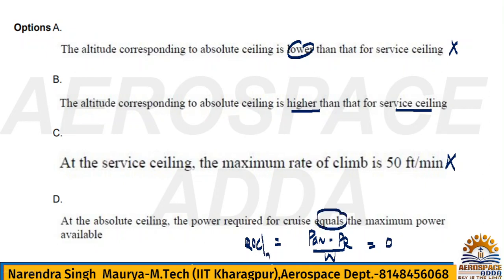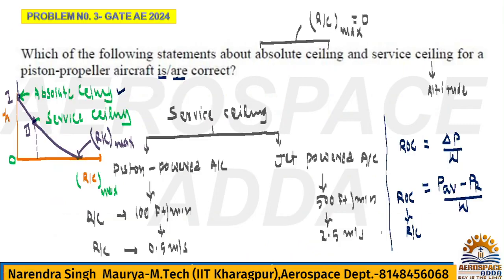At that point, the rate of climb will be 0. Because power available and power required become equal, the maximum rate of climb becomes 0. I told you this for the absolute ceiling, and this graph is also saying that for the absolute ceiling the maximum rate of climb becomes 0.